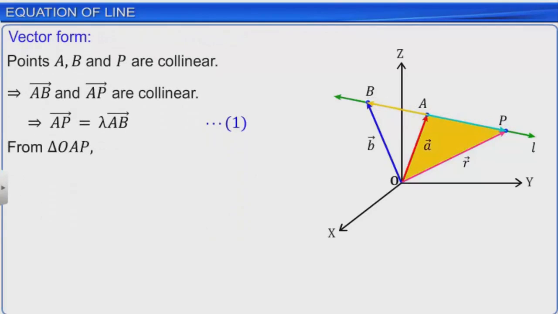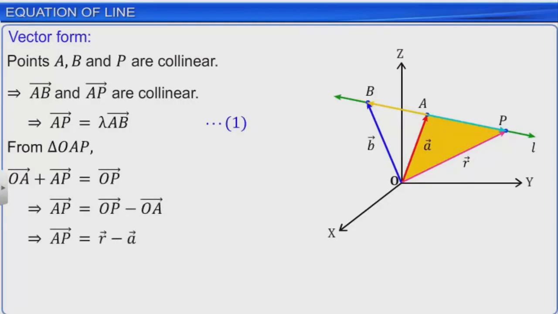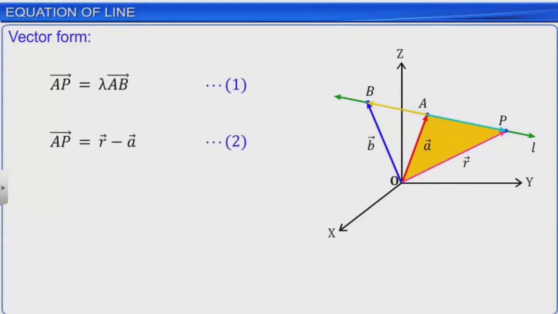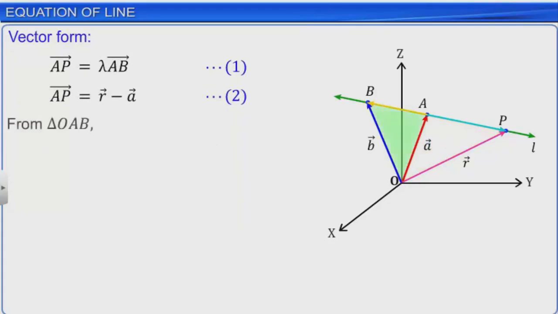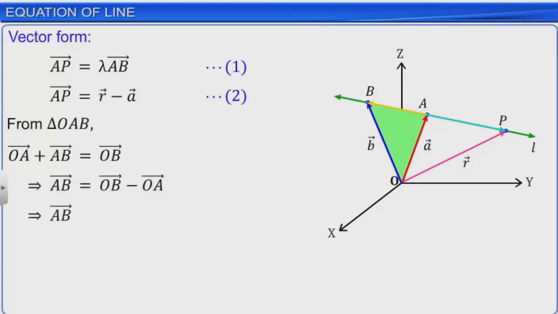Applying the triangle law of vector addition to triangle OAP and simplifying, we get the value of vector AP as shown in equation 2. Similarly, from triangle OAB, we get the value of vector AB as shown in equation 3.